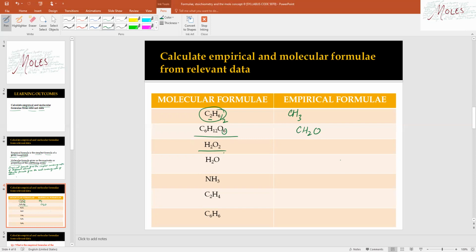The simplified version for this H2O2 will be HO. But in case of H2O and NH3, we will get the same formula. That is H2O and NH3.